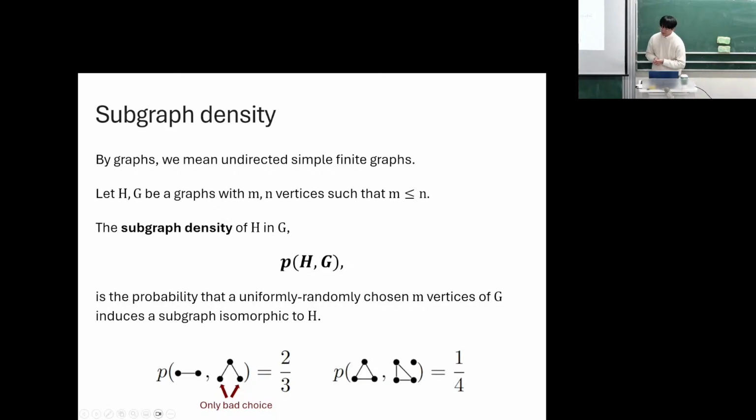As another example, consider the case where H is a triangle and G is a graph with 4 vertices consisting of a triangle and one isolated vertex. If we choose 3 vertices in G, there are 4 possible choices and only one of them forms a triangle. Therefore, the subgraph density is 1/4.